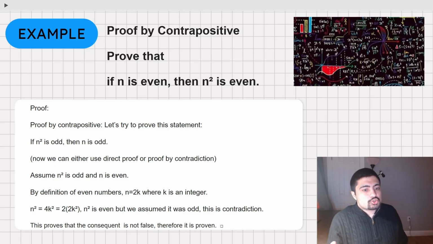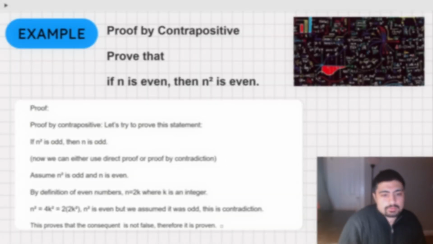Therefore, n squared is odd and n is even is basically a contradiction. And because it was a contradiction, the statement if n squared is odd, then n is odd, is true. And because that was a contrapositive, if n is even, then n squared is even, is also true.